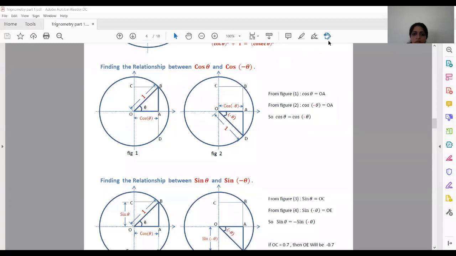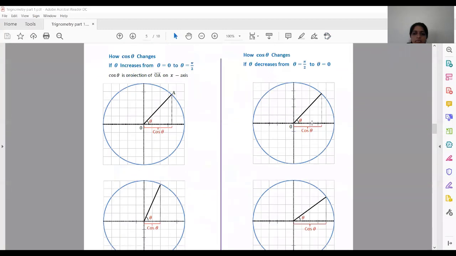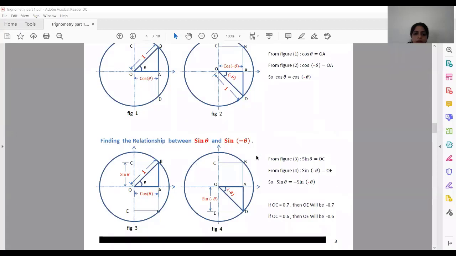Now, similarly for sine theta. From figure 3, sine theta is equal to OC.